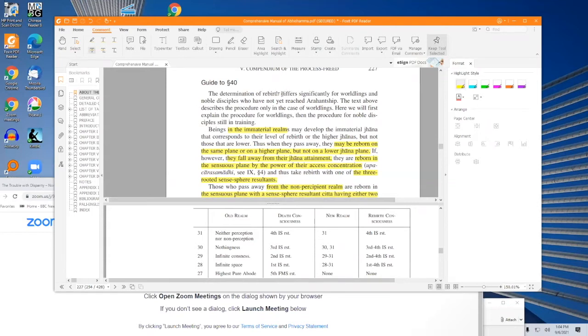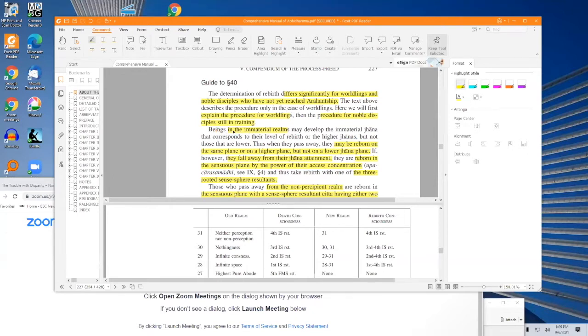It differs significantly between worldlings and noble disciples. I will explain mainly the procedure for worldlings and then just briefly the procedure for noble disciples still in training. Of course, for those who attain arhatship, there's no rebirth, so there's nothing to say.